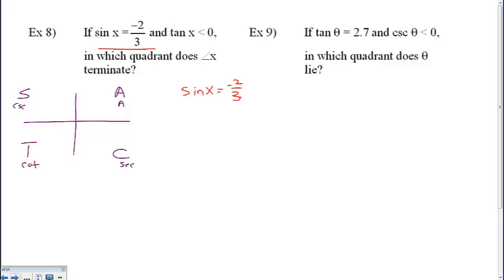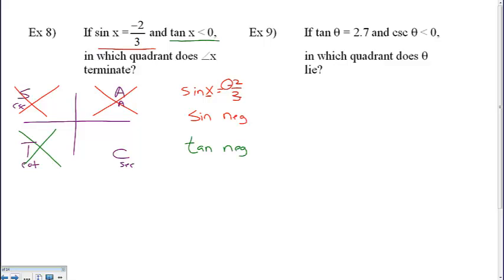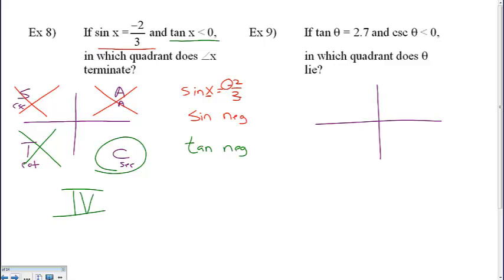Can you see? Well, sine of x is negative, which means that it cannot possibly lie in quadrant 1 or quadrant 2. We're also told that the tangent of x is less than 0. In other words, tangent is negative. Therefore, we cross out quadrant 3, and we're left with quadrant 4.